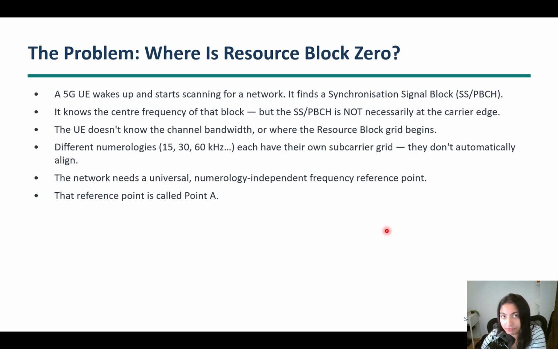And since 5G supports multiple subcarrier spacings, each numerology has its own grid and they don't automatically align with each other. So the network needs to provide a single reference point for all the numerologies so that the UE can identify where exactly the resource grid starts in that particular bandwidth for that particular numerology. This reference point is called point A.